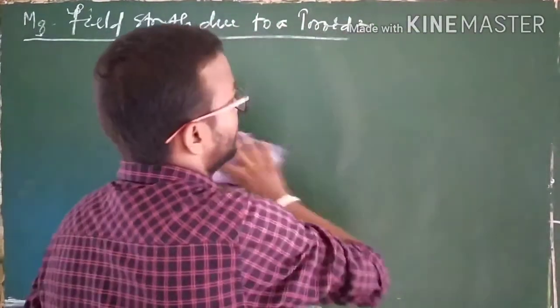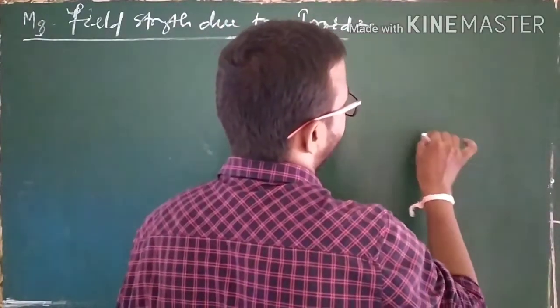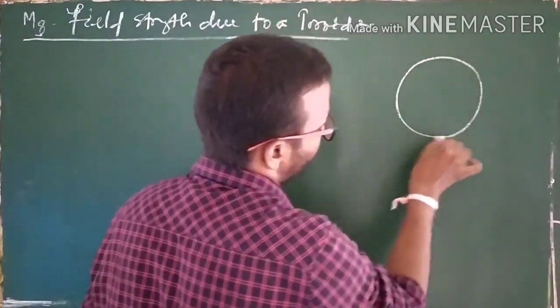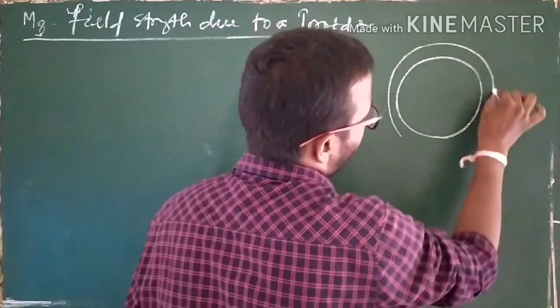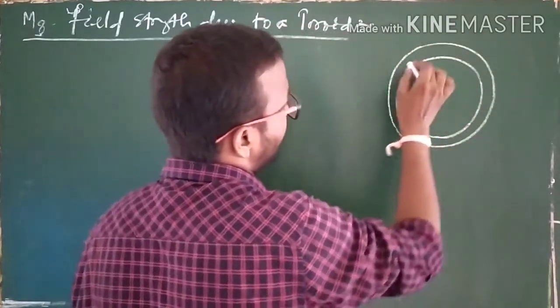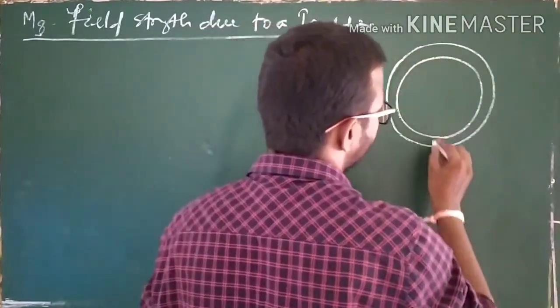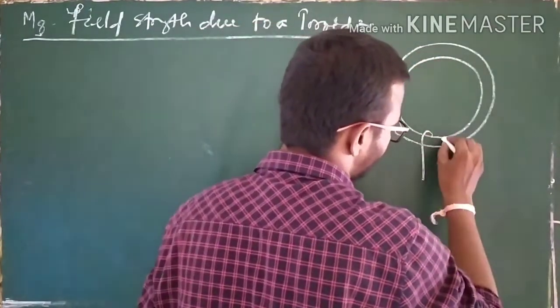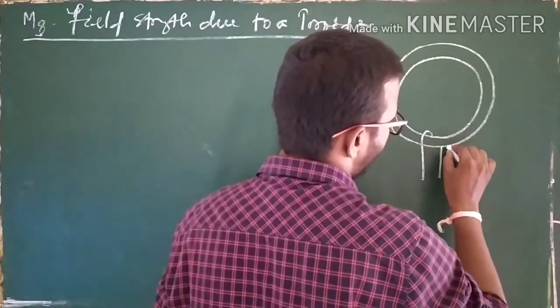If we cut from its middle part, this is the diagram, or this is the model of a toroid. Here this is the direction of flow of current.